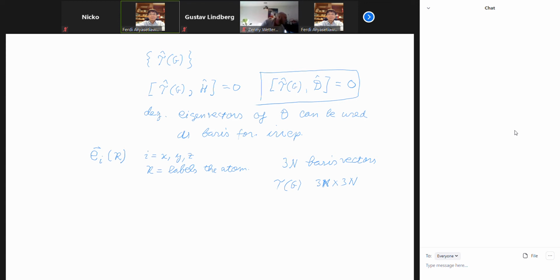If we work with the character instead, the character of the 3n representation, based on the 3n basis vectors, can be decomposed into the various irreducible representations. We will use the formula to compute these coefficients m_gamma using the first orthogonality relation. That's our goal.